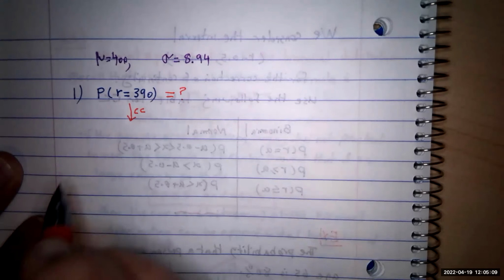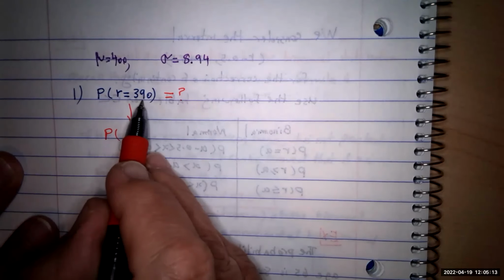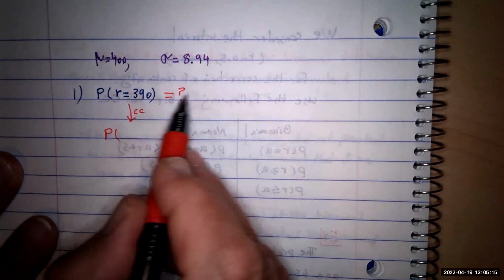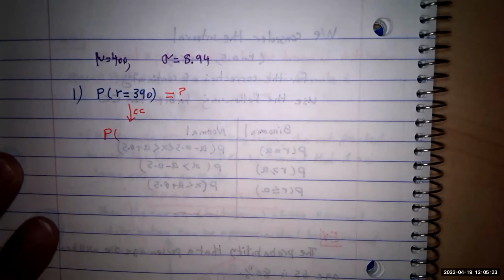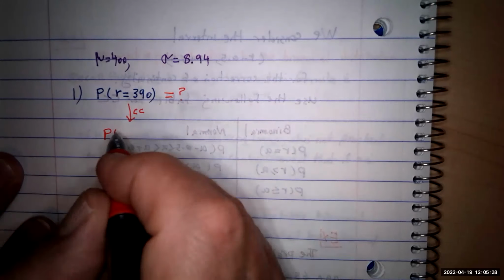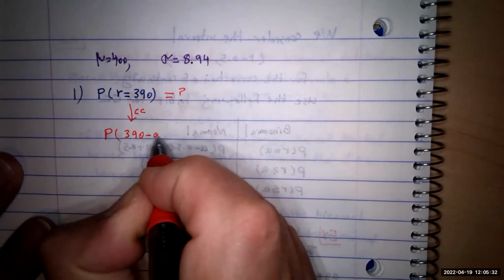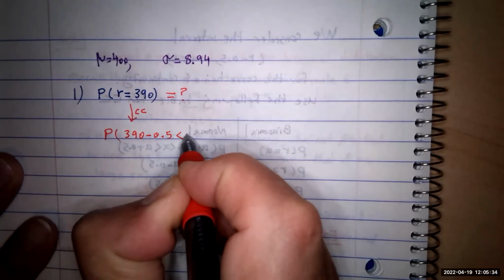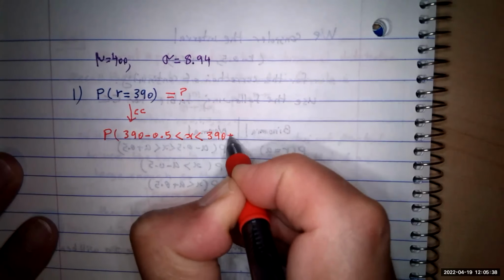For the continuity correction, you see 390 is an exact number, 0.5 to the right is 390.5, minus 0.5, 0.5 to the left, would be 389.5. So for variable X, I write it down: 390 minus 0.5 less than X less than 390 plus 0.5.